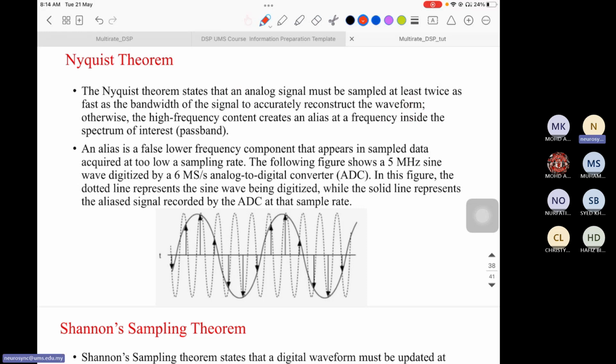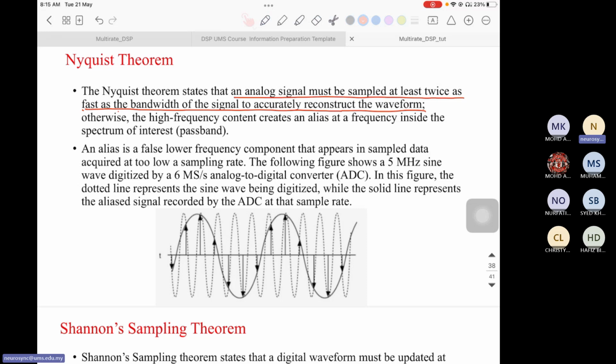Otherwise, the high frequency content creates an aliasing effect at a frequency inside the spectrum of interest. So the aliasing is basically overlap.